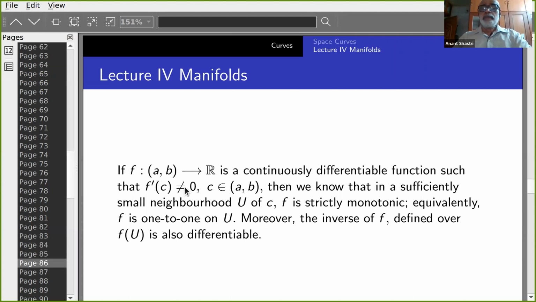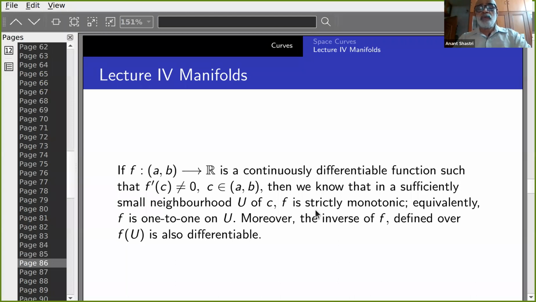If we have a function from an open interval into R which is continuously differentiable, and you look at a point c inside the interval where its derivative is not zero, then we know that in a sufficiently small neighborhood U of c, f is strictly monotonically increasing or monotonically decreasing.